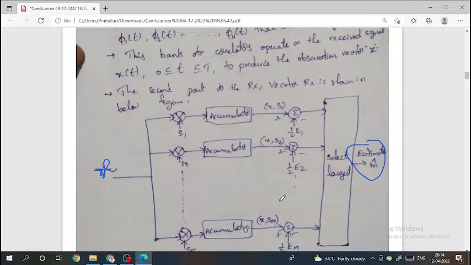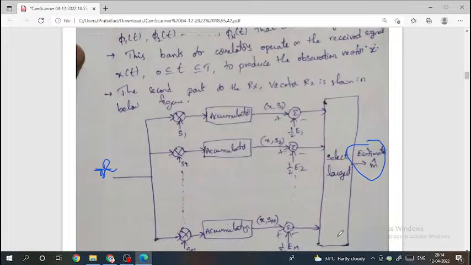After getting these products, the inner products are corrected for the fact that the transmitted signal energies may be unequal. Here, each and every signal may not have the same energy. That's why we give the signal energies as E1, E2, and so on, En, and sum these two to get the estimate of M cap.